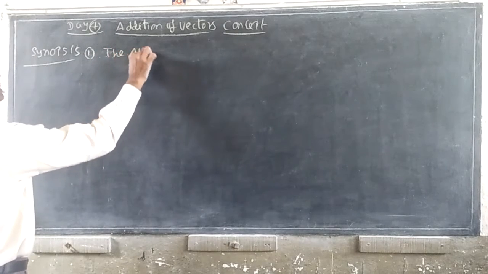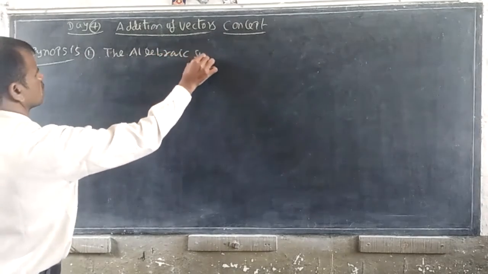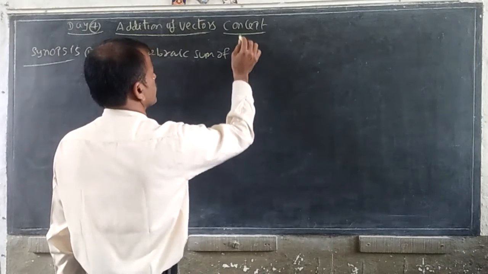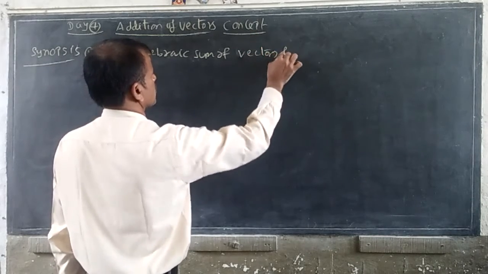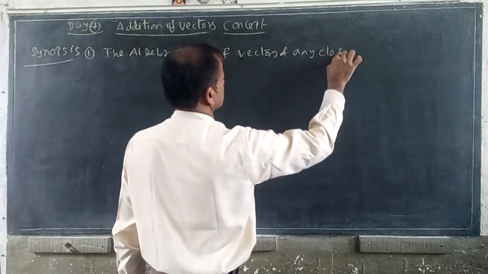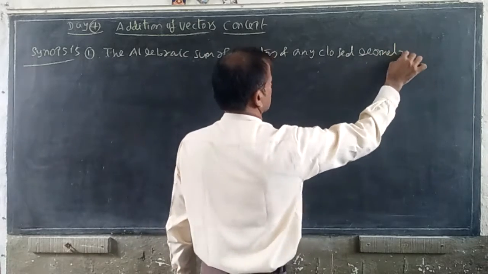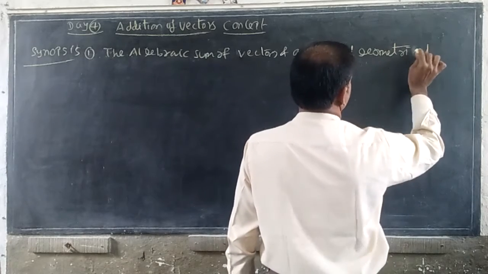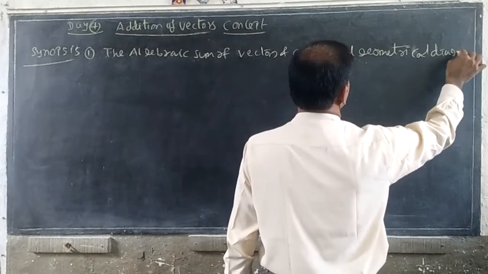the algebraic sum of vectors of any closed geometrical diagram is 0.